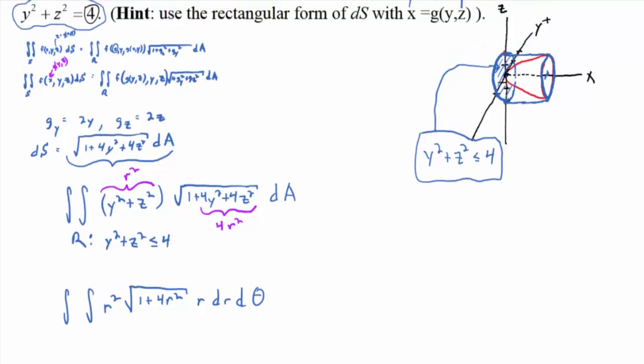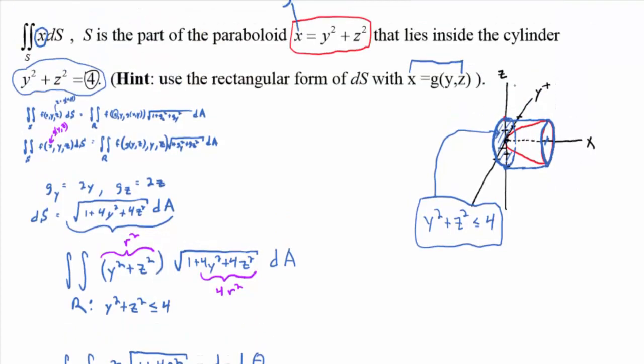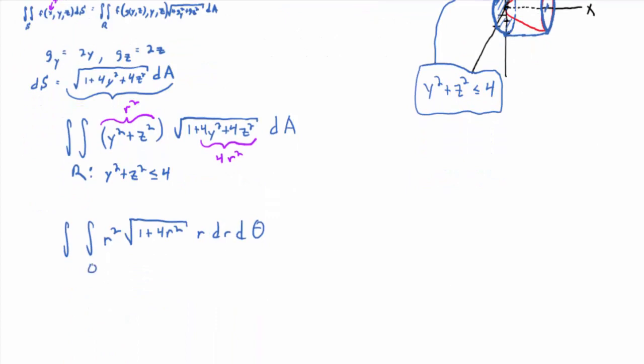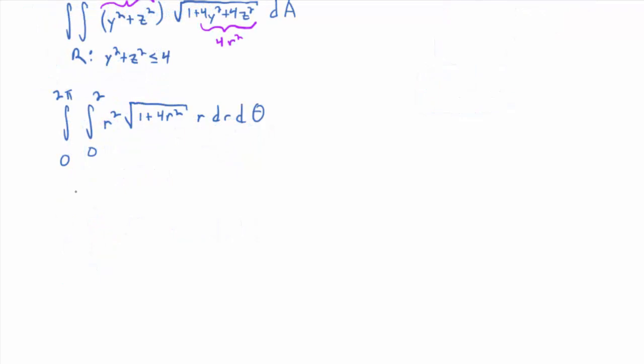All right, and then limits of integration. So without drawing the disk of radius 2 in the YZ plane, what would the r run from? 0 to 2 and theta? 0 to 2 pi. I can separate it into the product of two single integrals, right? So I think that would be a good thing to do. So we get the integral 0 to 2 pi. What's the integrand of this one?